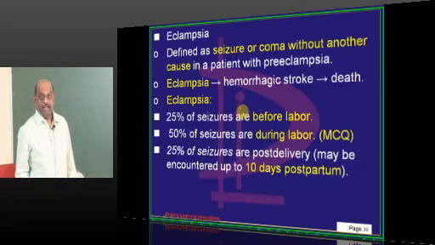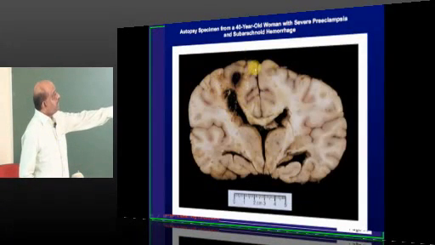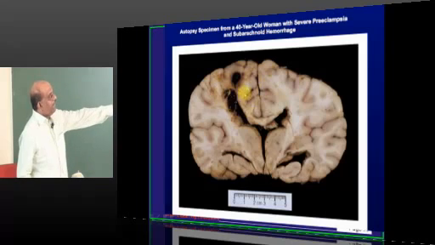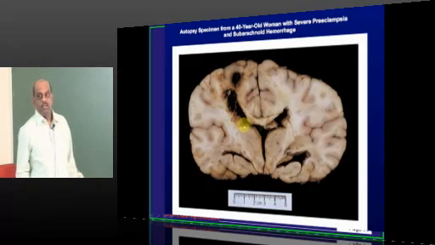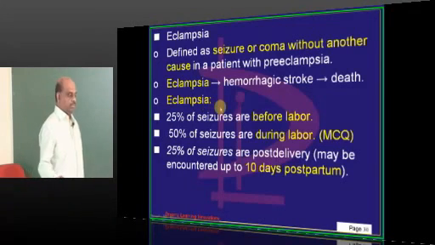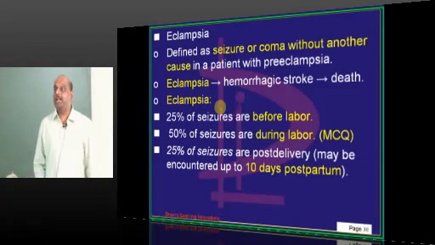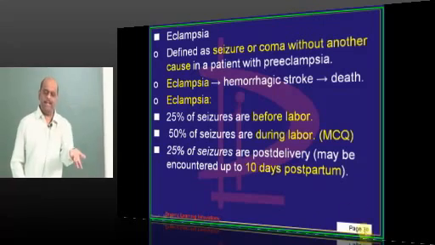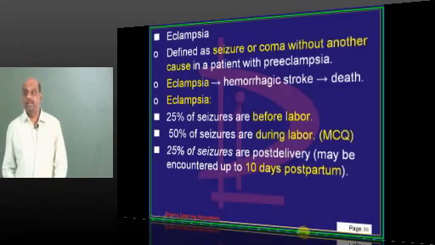Hemorrhagic stroke can occur, and that can lead to death. So this is an autopsy of a 40-year-old woman who had severe preeclampsia and subarachnoid hemorrhage. Subarachnoid bleed has happened and she ultimately died. For this reason you have to meticulously manage the eclampsia. In fact, preventing the development of eclampsia is much better.